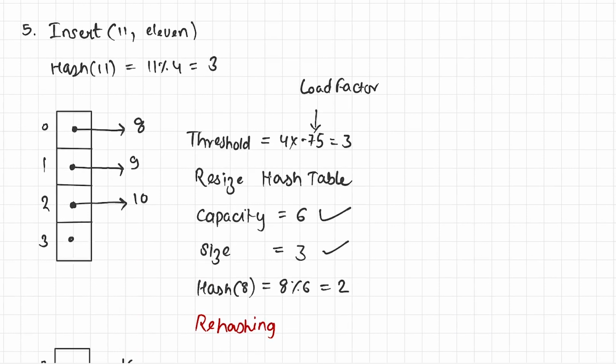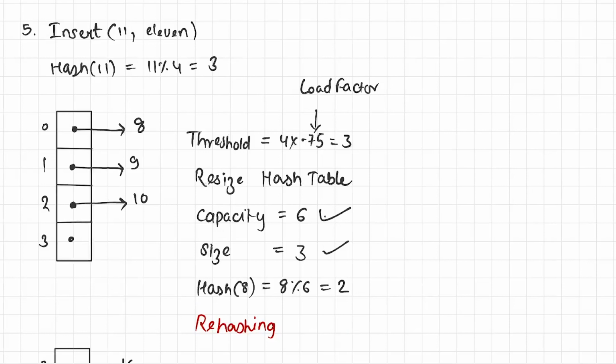But guys, here is one problem. If we increment the size of the array by 2 and it becomes 6, now if you compute the hash code of key 8 with 6, it gives 2. And if you go to index 2 or bucket 2, you will get the reference of object 10. So this means the old hashing is not going to work if we increase the size of the array by some number.